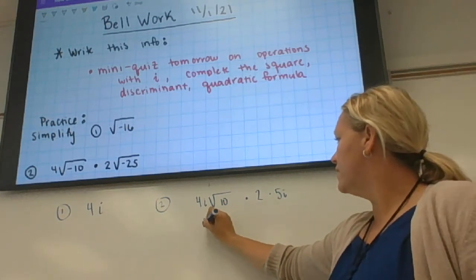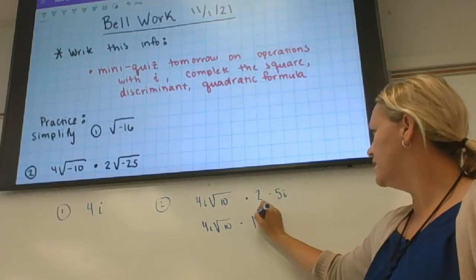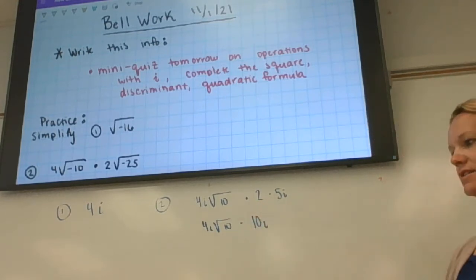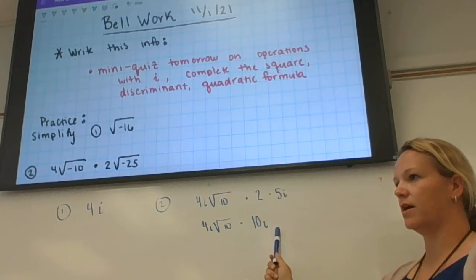Alright, so now we have 4i square root 10 times 10i. And when you multiply, you can multiply the numbers outside the radical.